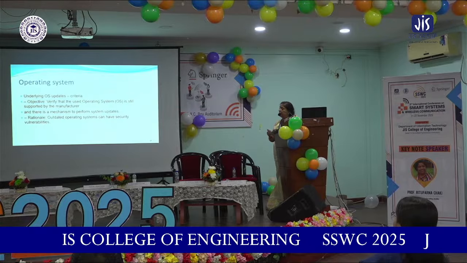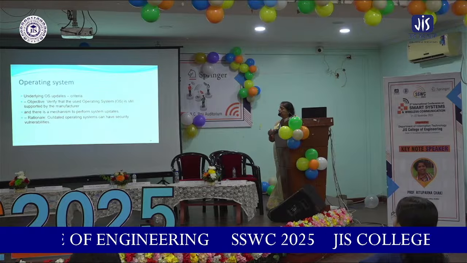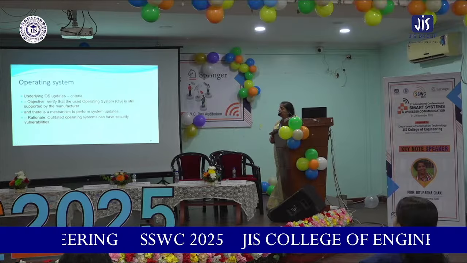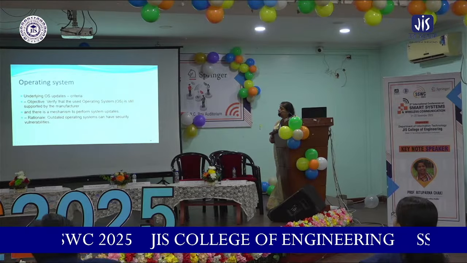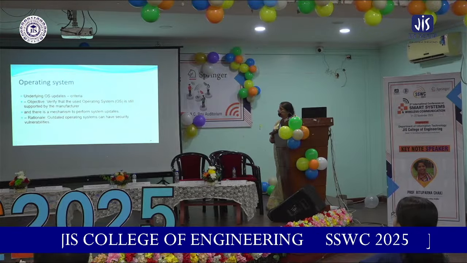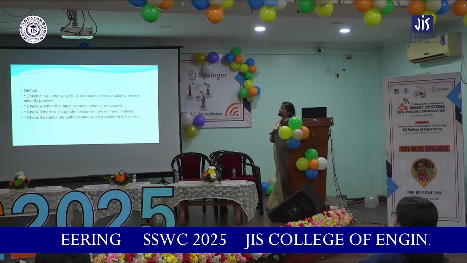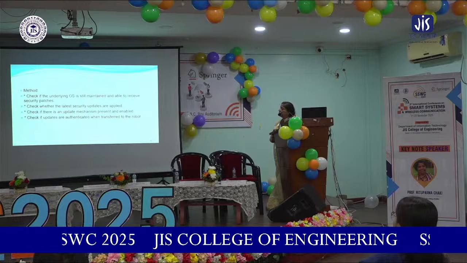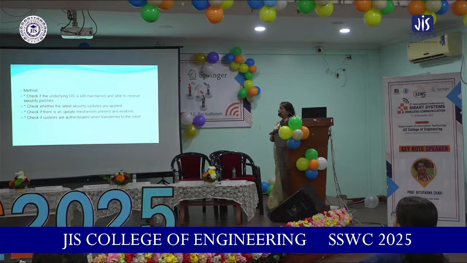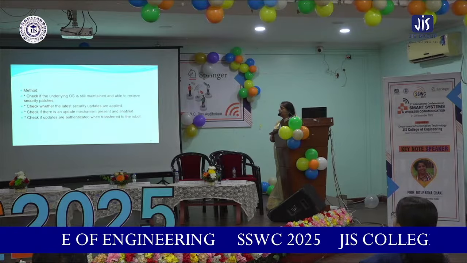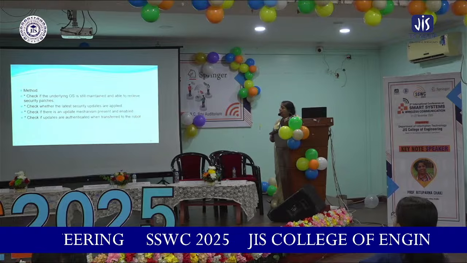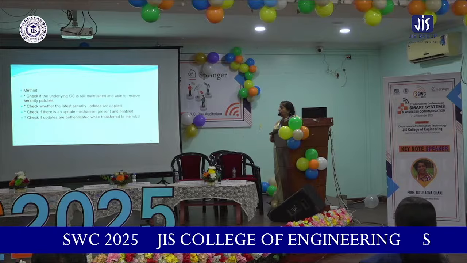Every year in May, a new version of ROS comes out. So only 3 or 4 versions of ROS are now supported by the manufacturers. So the method is to check if the underlying OS is still maintained, check whether the latest security updates are applied, check if an update mechanism is present, and if updates are authenticated when transferred to the node.